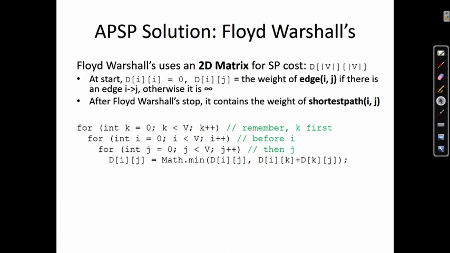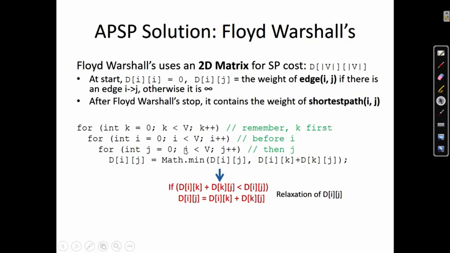Then inside there you have this statement, which goes like this: Dij is assigned the minimum of Dij and Dik plus Dkj. What is this statement doing? You can imagine that this is basically a relaxation statement. Currently, I have some shortest path estimate for the shortest path between i and j.